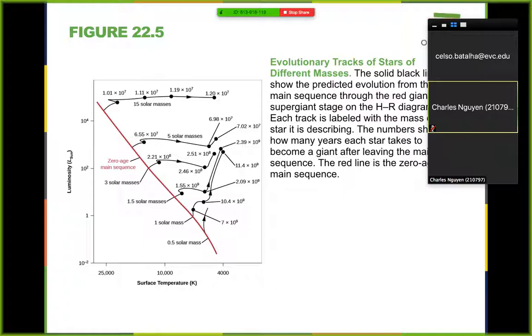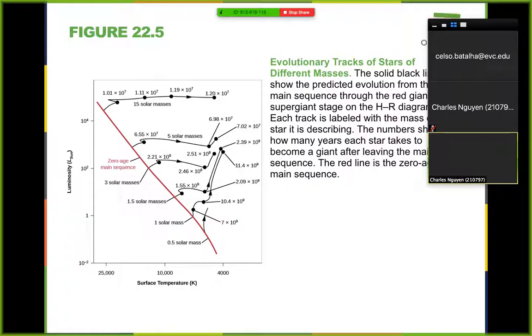So this is the HR diagram for a star that has completed its main sequence phase. Let's recall that the main sequence phase is the phase that goes the longest in the star's lifetime. It's the one in which the star stays the longest, the one in which the core of the star is undergoing fusion reactions.